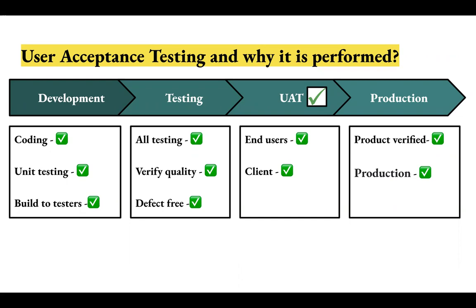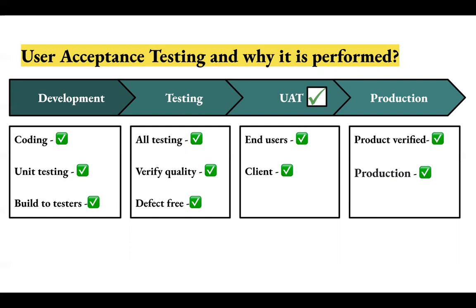This testing is performed by end users who will actually use the product, or the actual client, to confirm whether the product is acceptable or not. At last, when UAT is completed and the client is satisfied with the product delivery, the product is launched to the live production environment for public use.